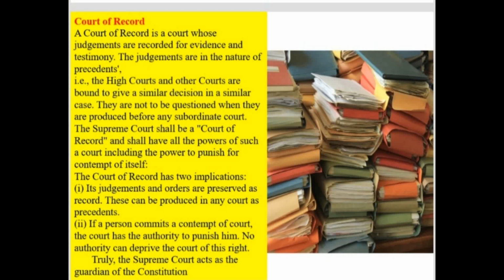So no authority can deny such orders of the Supreme Court, or ignore such judgments passed by it. Hence, with all such features, the Supreme Court acts as the guardian of the Constitution. We have seen different kinds of jurisdiction now, and later we'll see the functions of the Supreme Court in later classes.